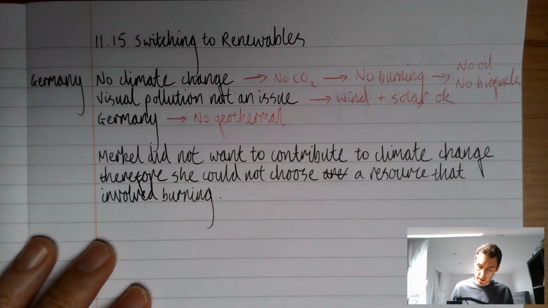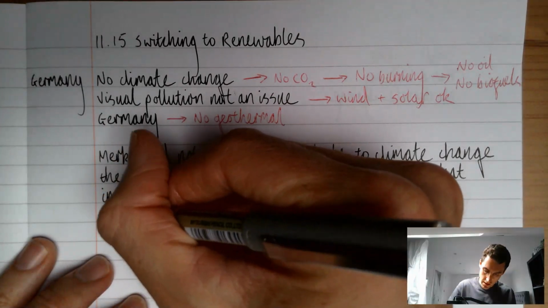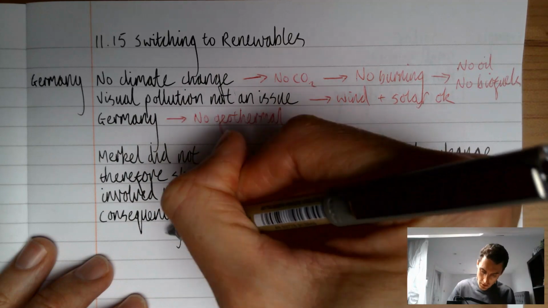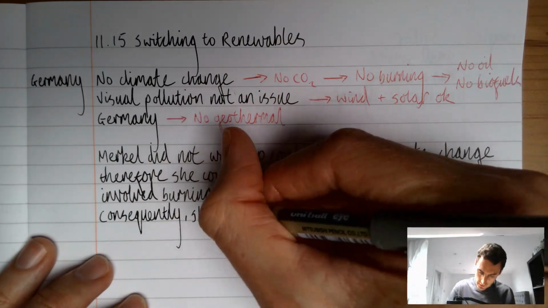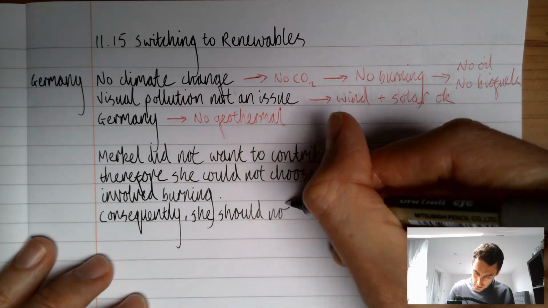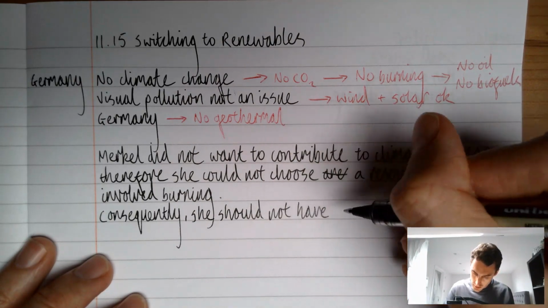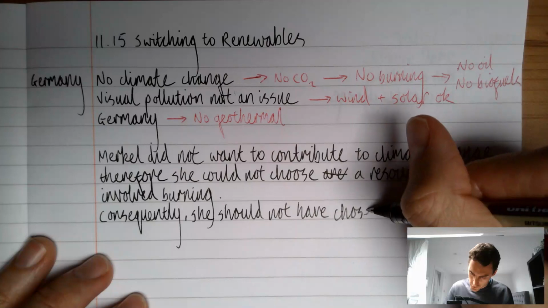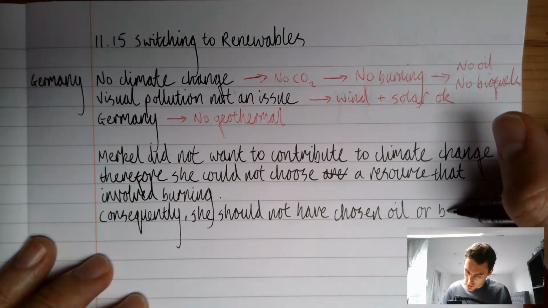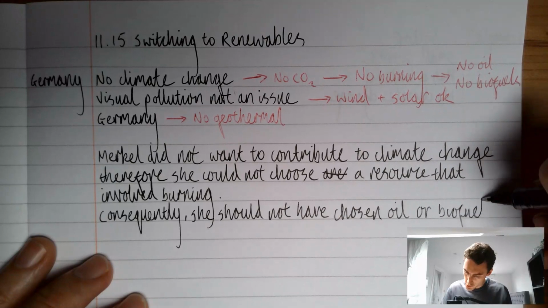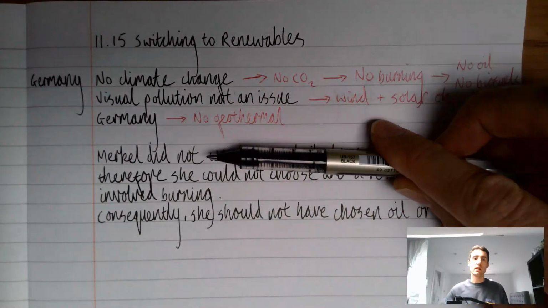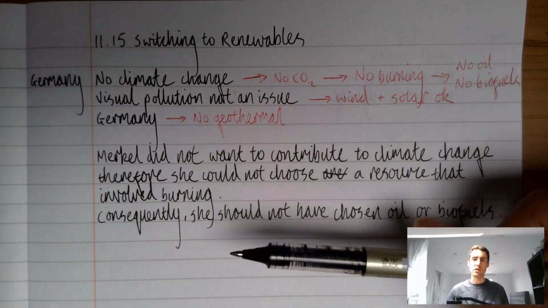I'm just going to finish off by saying, consequently, she should not have chosen oil or biofuels. And that word consequently is another really good causal linking word that shows that this idea links causally to this idea, links causally to this idea.